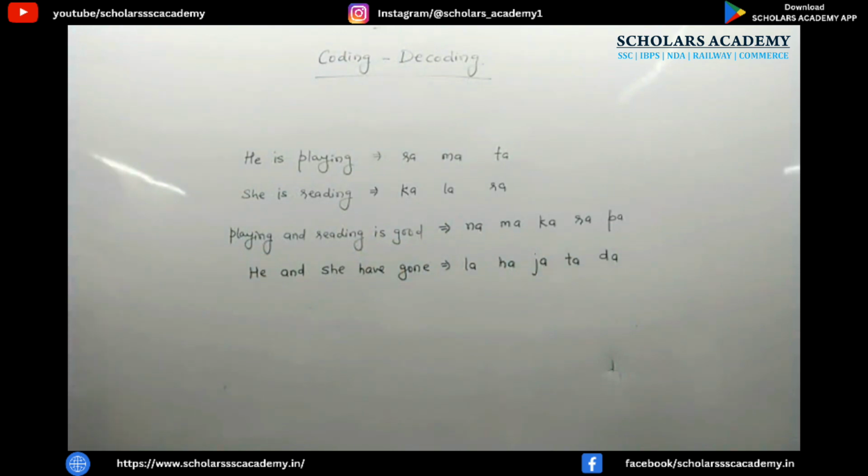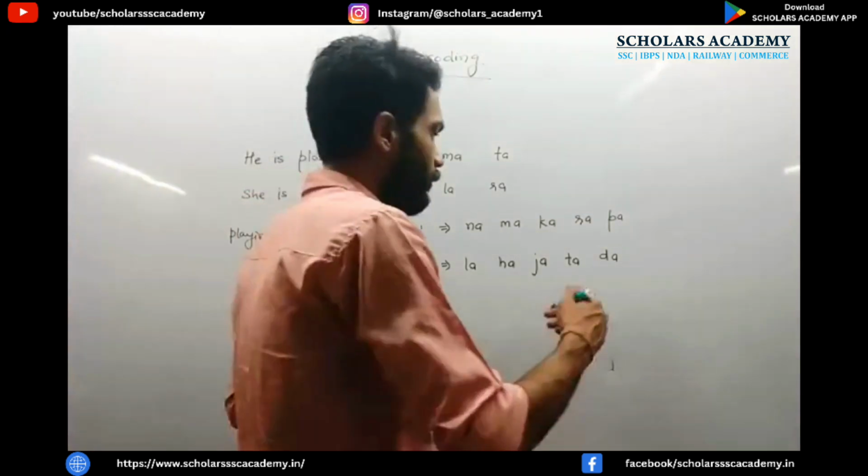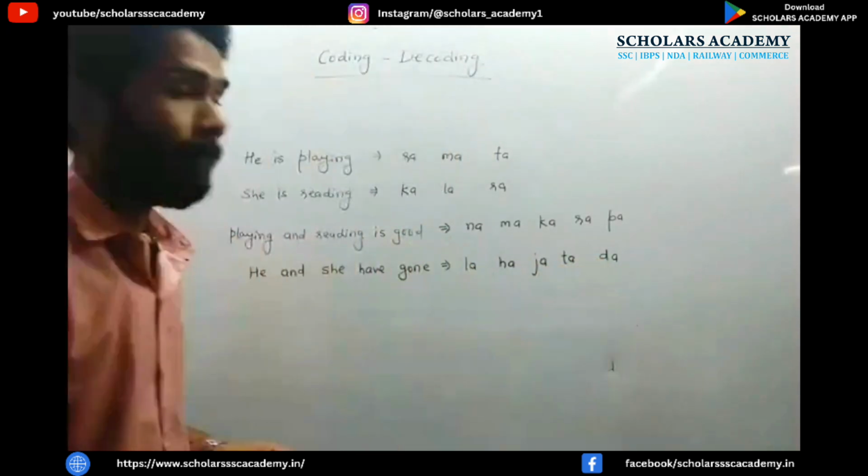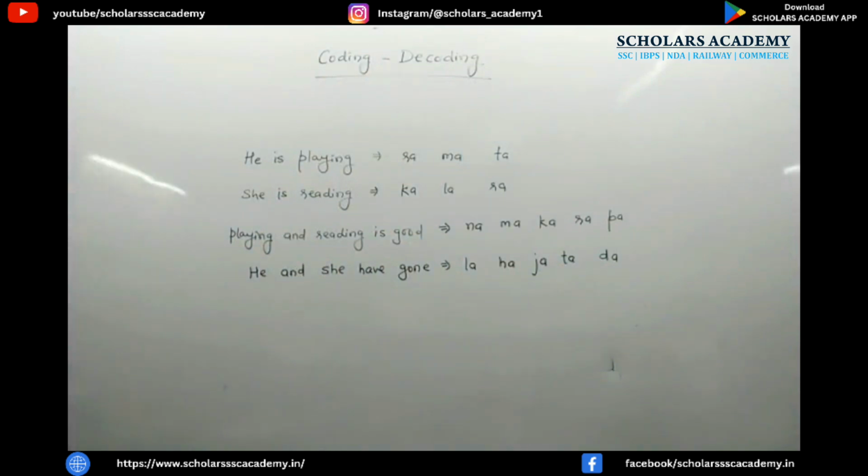What is the code used for good here? Second last, Ta. Last, ha. La ha. LAHAJATADA. Yes. What is the code for good? HA. Pa. Not sure.